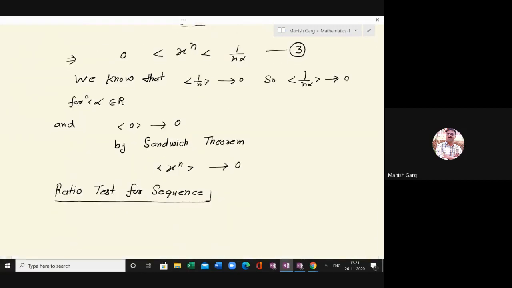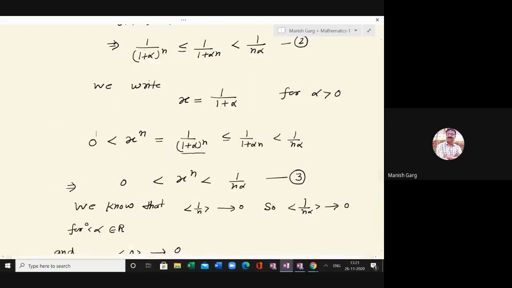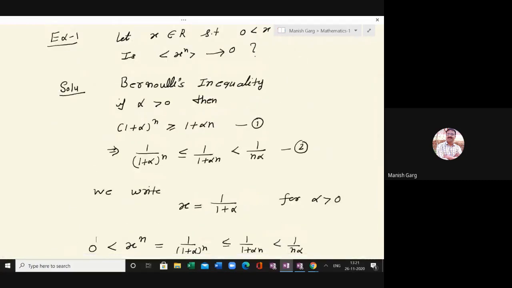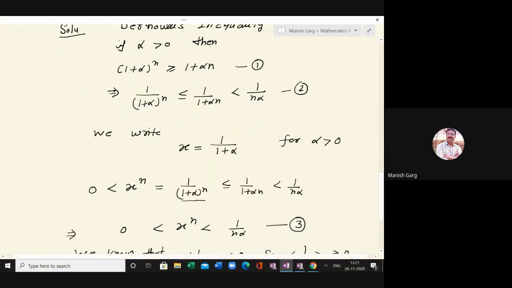Is it clear? This is the example. Is it clear? It is actually the question itself that tells you in which direction you need to go. You need to think. After here you need to think about the binomial expansion of 1 upon 1 plus alpha over n.